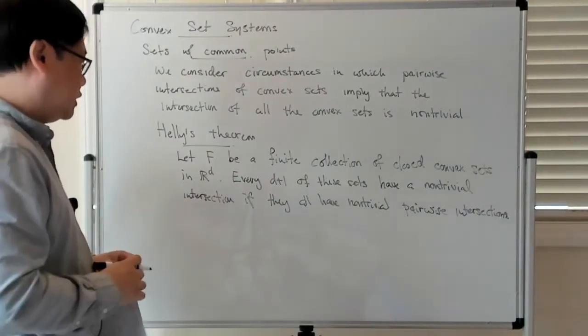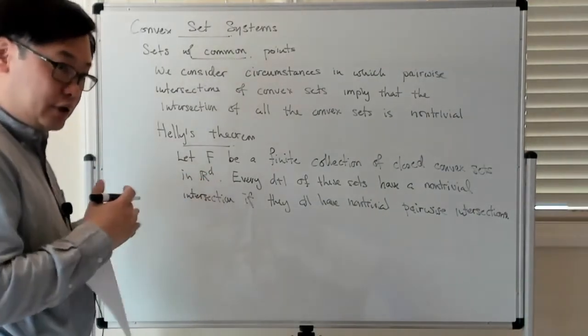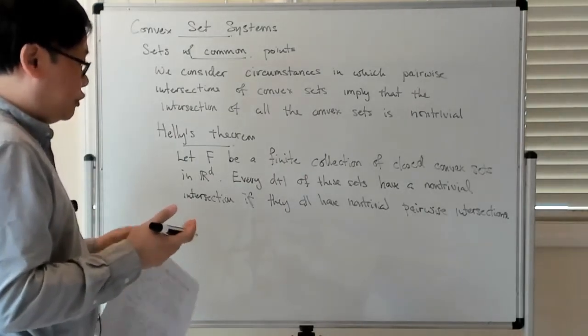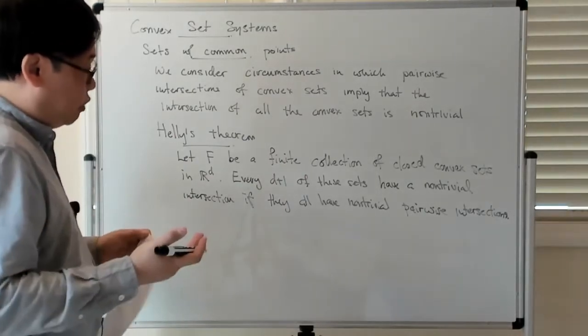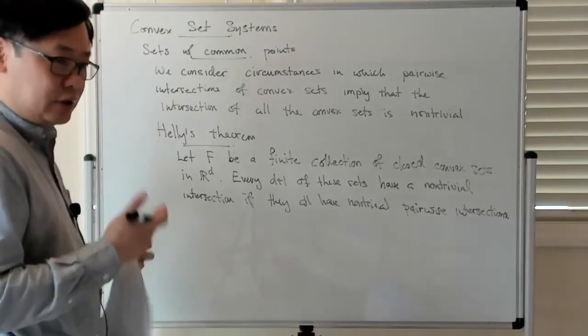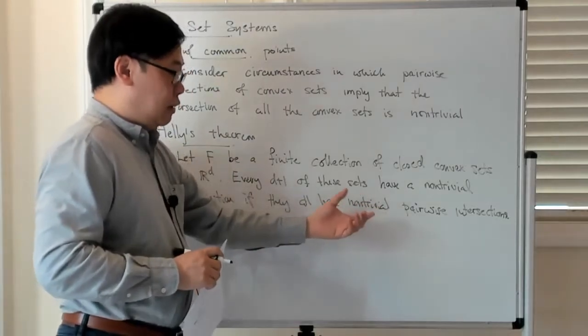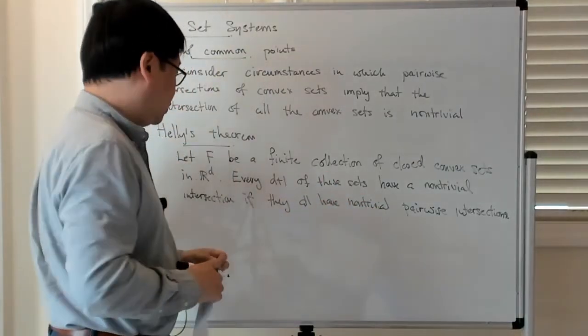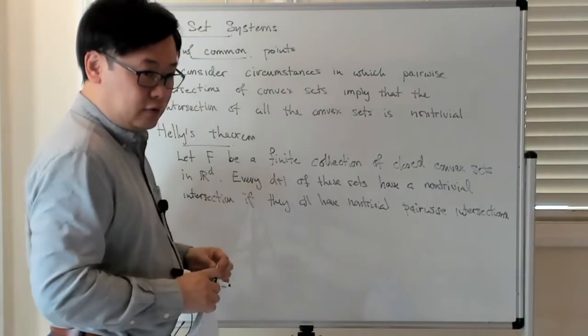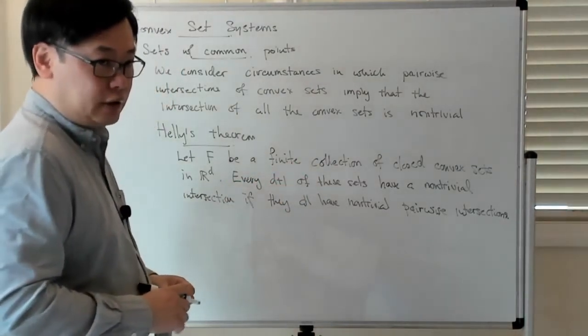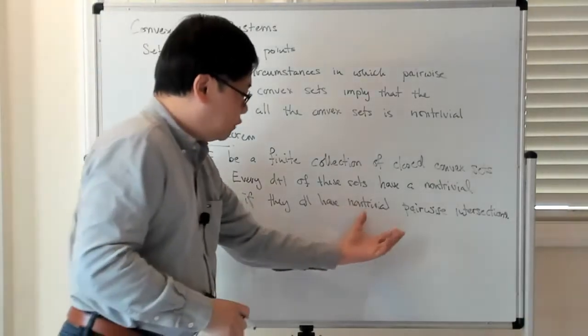As an example, when d is equal to 1, you just have the real line, and you just have to show that every two of these sets have non-trivial intersection if they all have non-trivial pairwise intersections, which is of course trivial because you've already said every pair has a non-trivial intersection, just by the assumption.